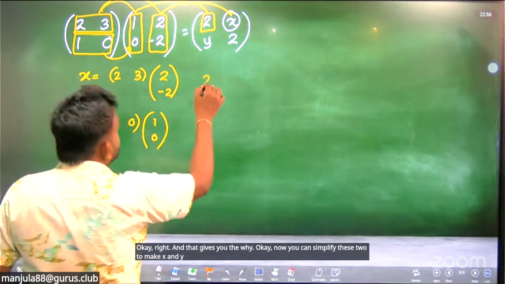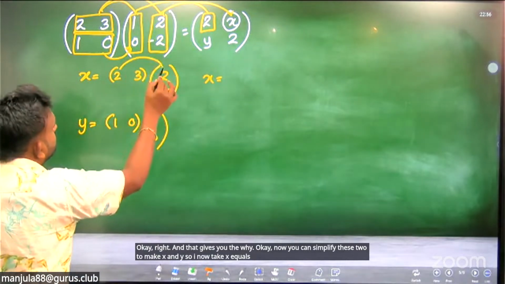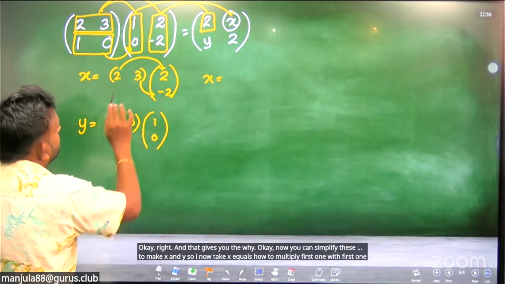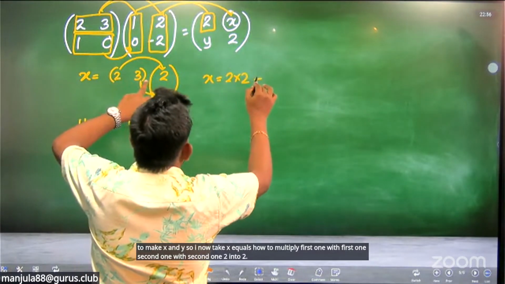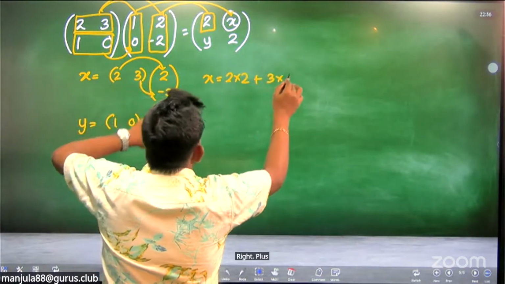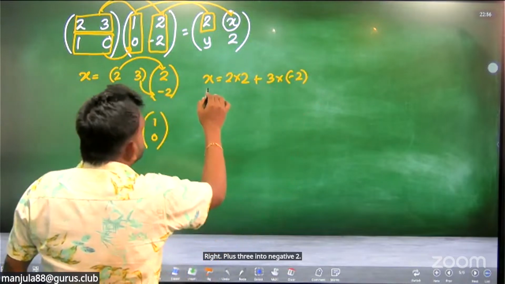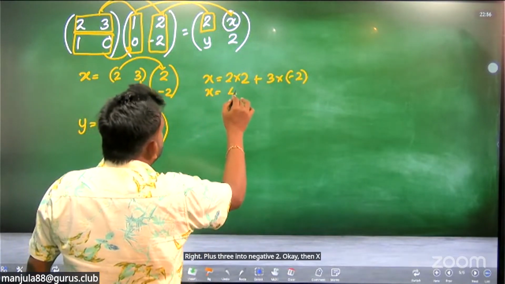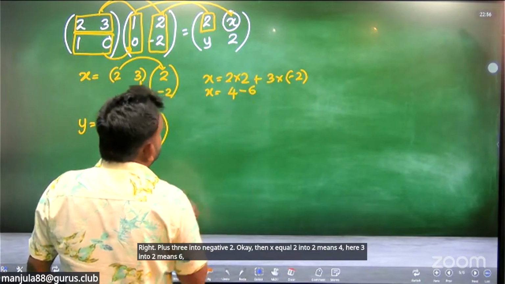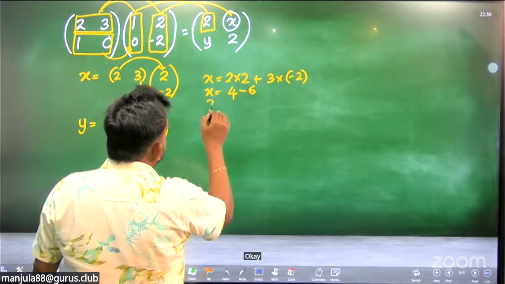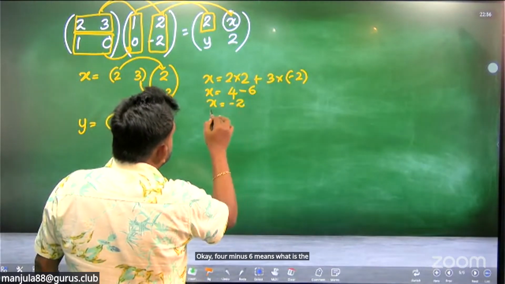So I now take x equal, how to multiply first one with first one, second one with second one. 2 into 2, plus 3 into negative 2. Then x equal 2 into 2 means 4, 3 into 2 means 6, negative 6. 4 minus 6 means what is the answer? Negative 2.